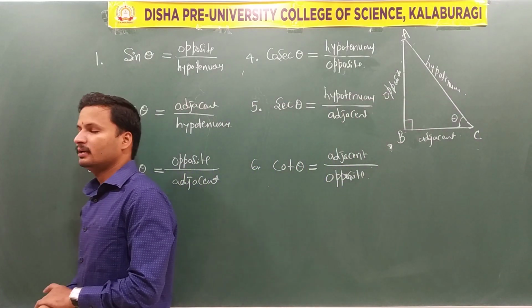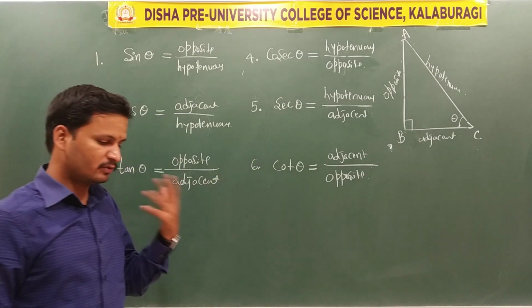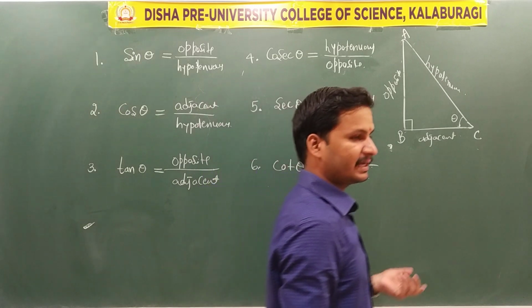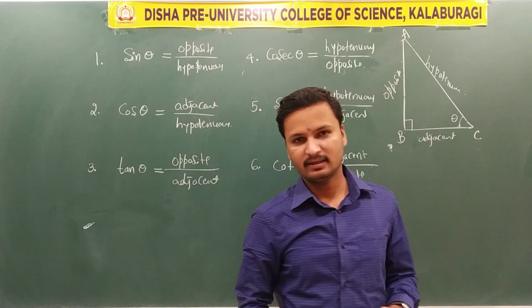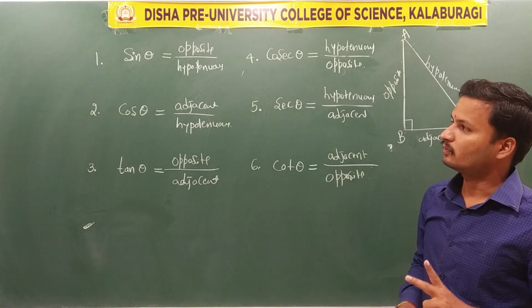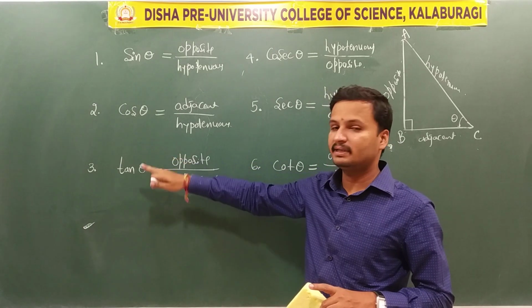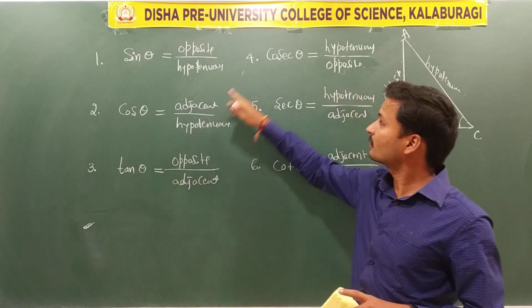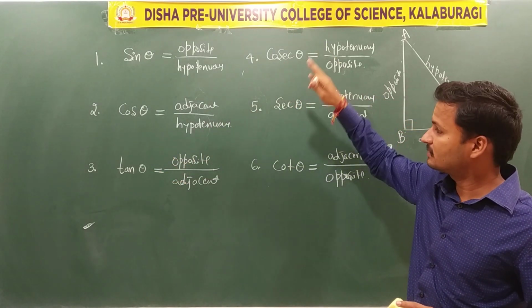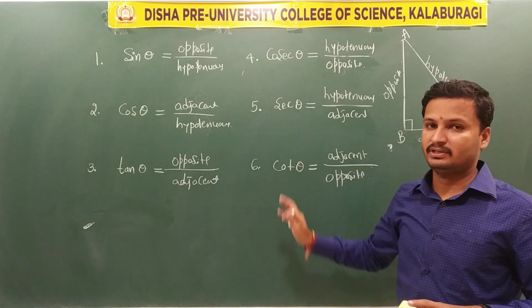So these are all the definitions of the six trigonometric functions. By using the sides of a right-angled triangle, we define the sine function, cosine function, tangent function, cosecant function, secant function, and cotangent function.